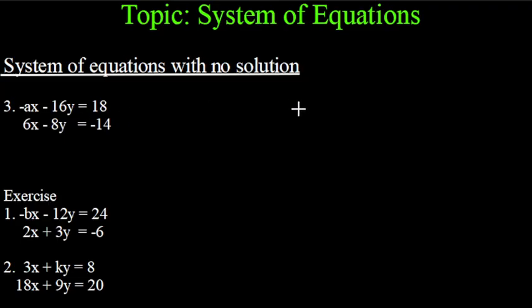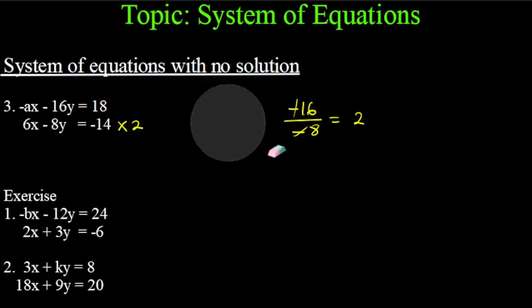For the ratio, we have negative 16 divided by negative 8, and this will give us 2. So when we multiply this one by 2, we make this equation equal to this one. So that is what we have on the left hand side.